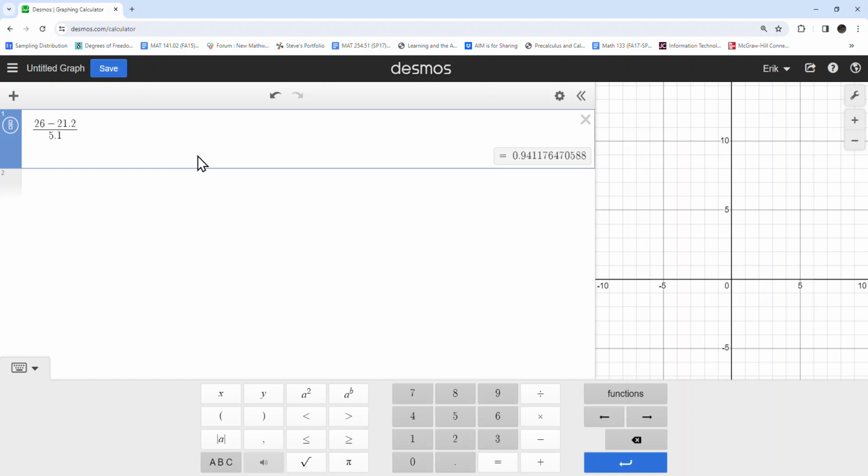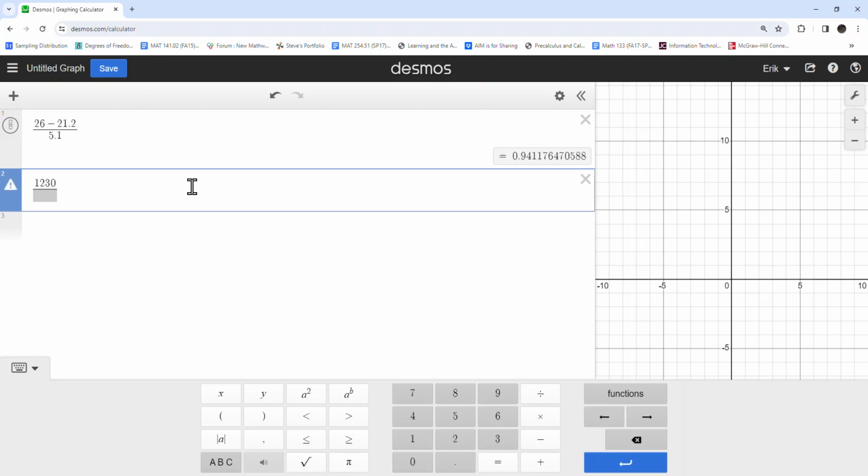It's above because it's positive. The other one, I'm just hitting the division button. We're going to do 1230 minus 1060, dividing that by 195. The SAT student scored 0.872 standard deviations above the mean.